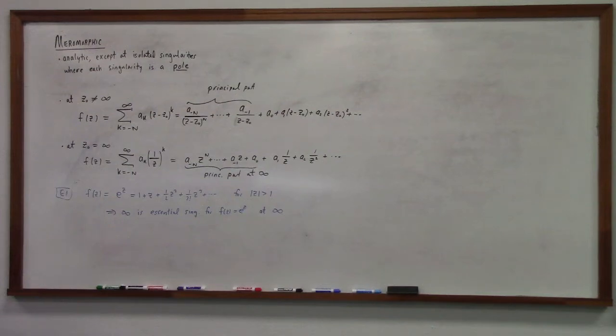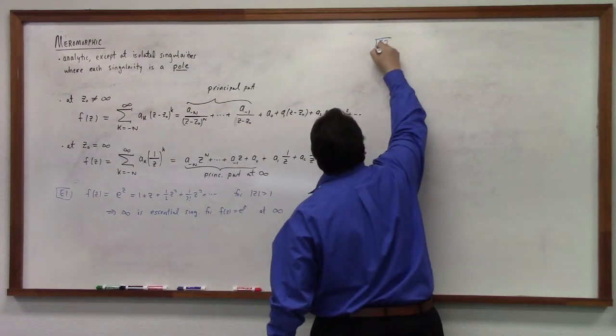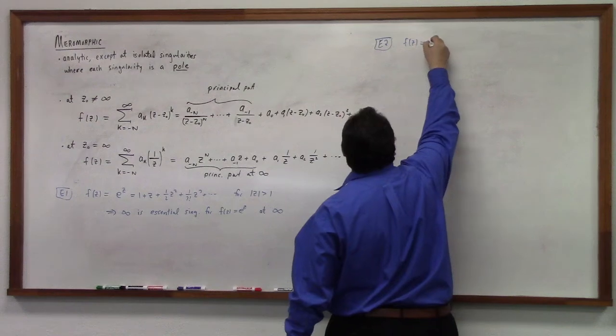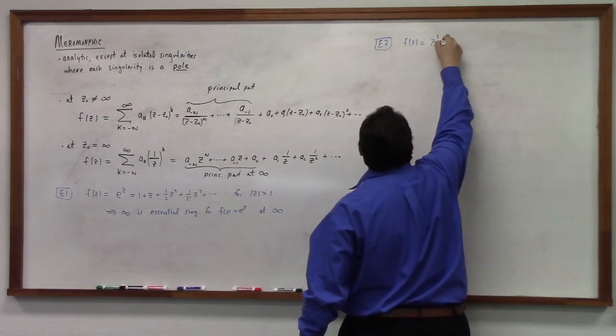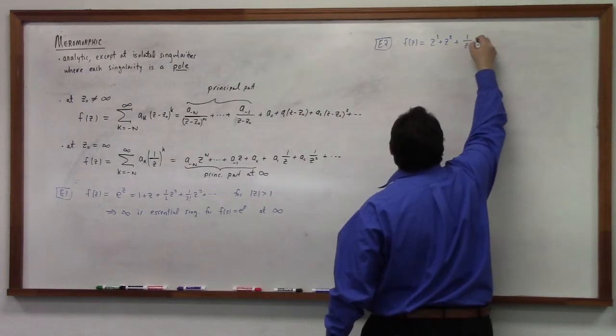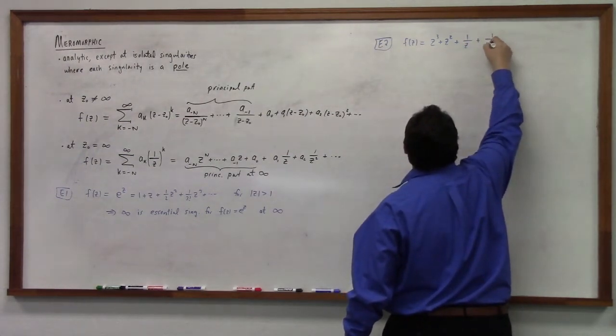What does not have an essential singularity at infinity, which is interesting? Well, something like this, right? So if I had something like f of z equal to z cubed plus z squared plus 1 over z plus 1 over 1 minus z.